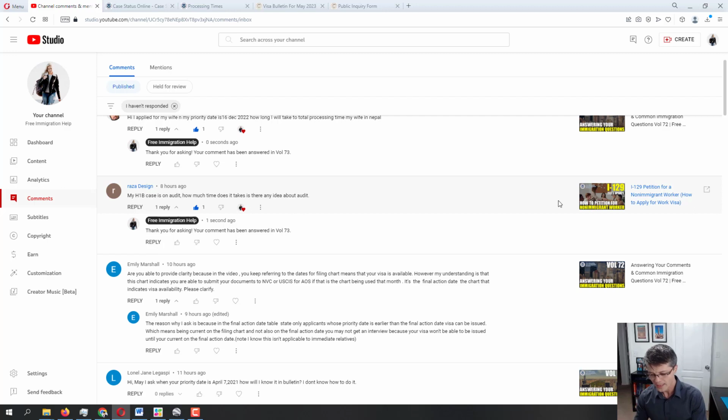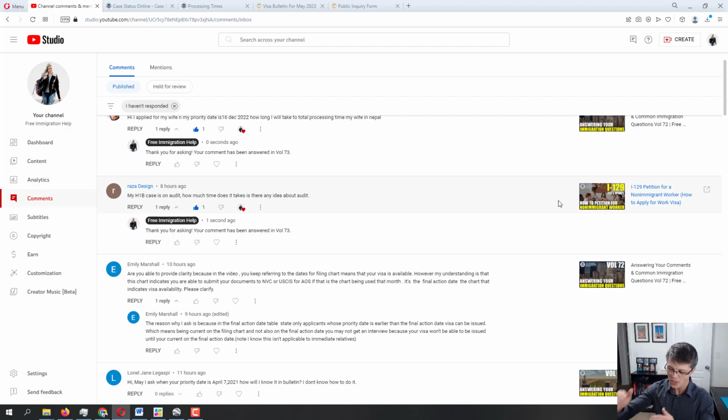However, whenever it comes to becoming documentarily qualified, which is now we're talking about the final action date, there were instances in some of the categories where people were allowed full access to the NVC CAC portal way earlier, before their immigrant visa was available. And in some instances, they were waiting closer to the availability of the immigrant visas, and then they were allowing.